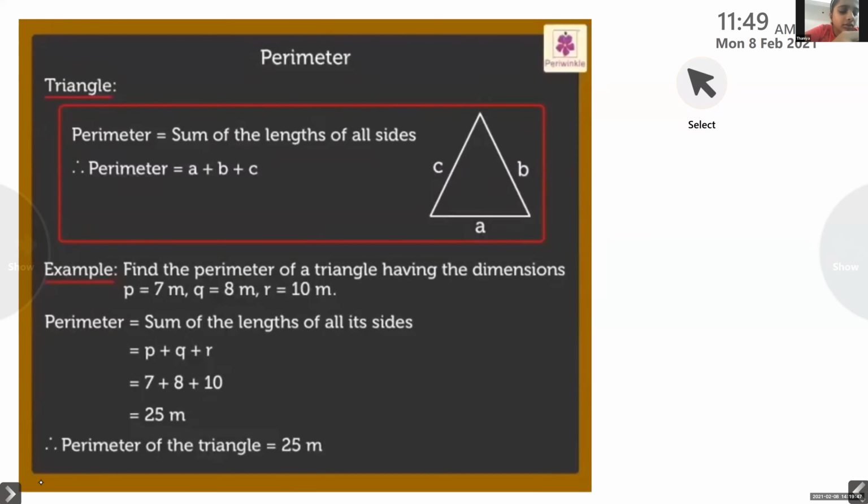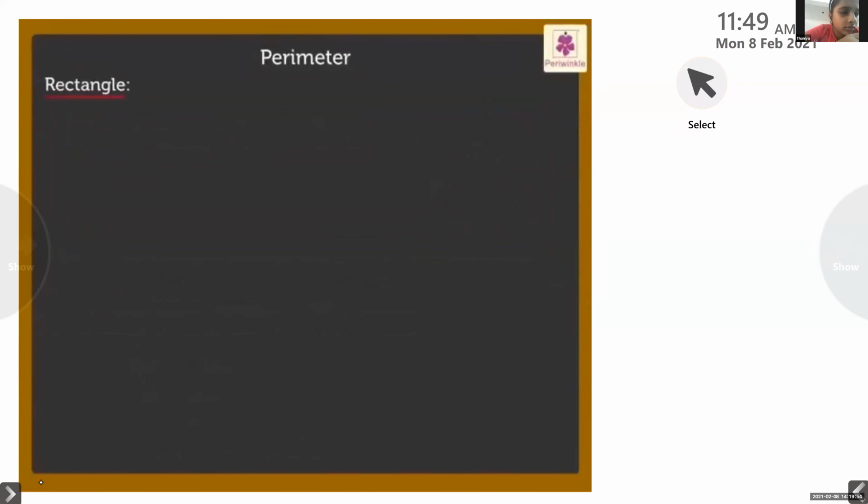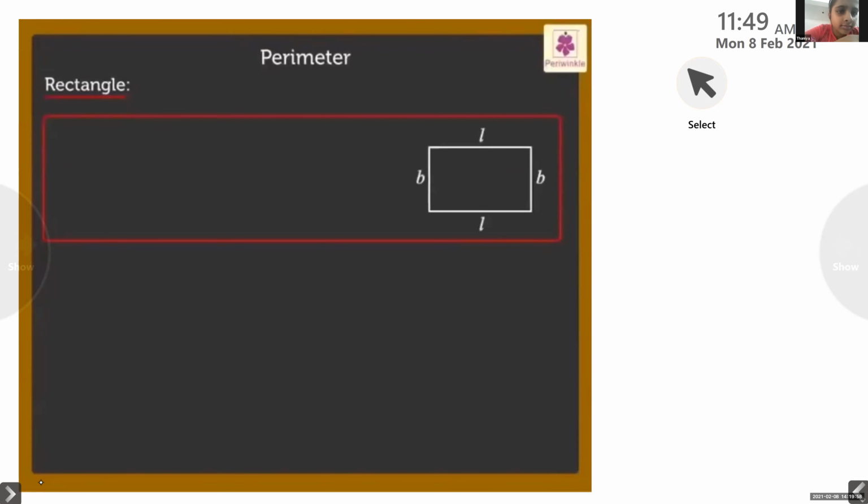Now, let us look at the formula for the perimeter of a rectangle. We have already learned that a rectangle has four sides, wherein its opposite sides are equal in length. Thus, the perimeter of rectangle is equal to length plus breadth plus length plus breadth.